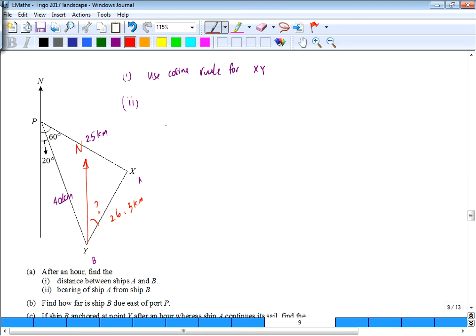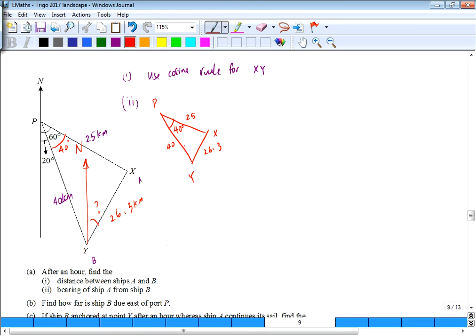Okay, so we use the triangle PYX. This is 40 degrees. This is Y. This is X. How do I know this is 40? Because 60 minus 20, you get 40. And the different lengths, 25, 26.3, and 40.